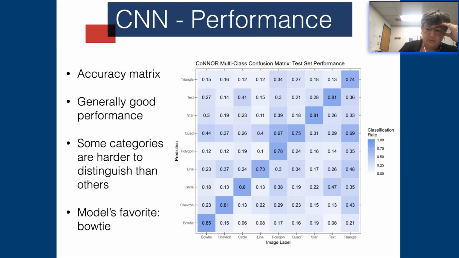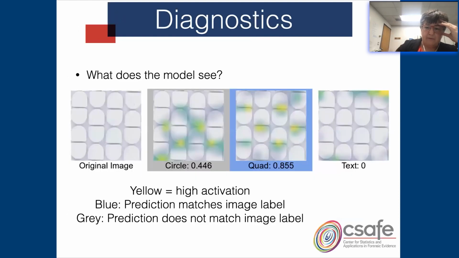Okay, so what does the model see? Here are a couple of examples of what the model sees, and additionally overlaid where the model looks. On top of the feature that the model sees, there's this additional color in green and yellow.